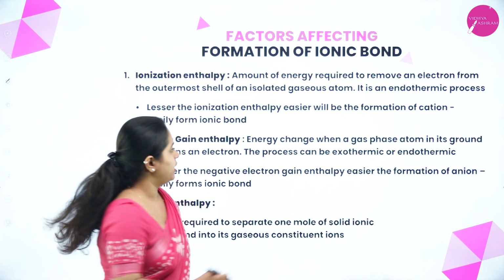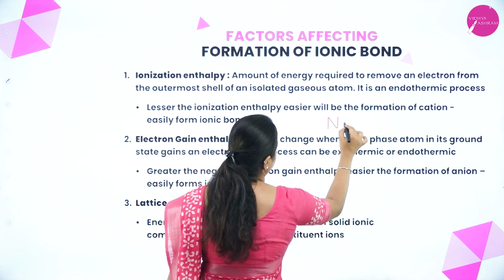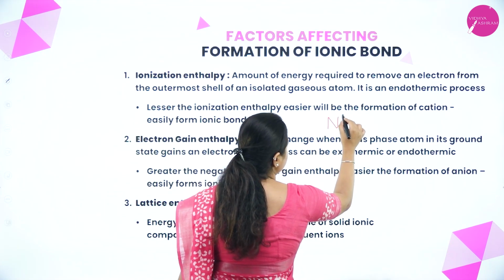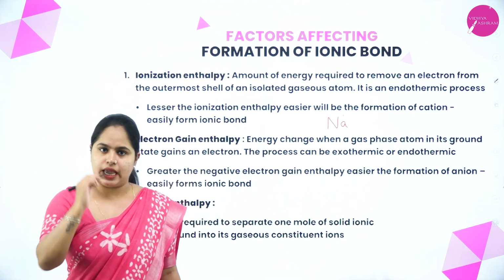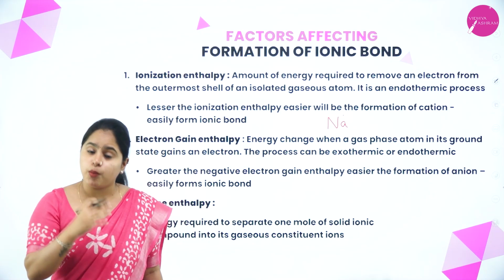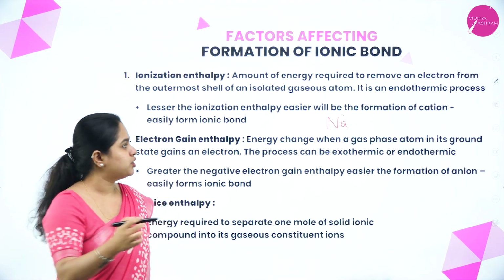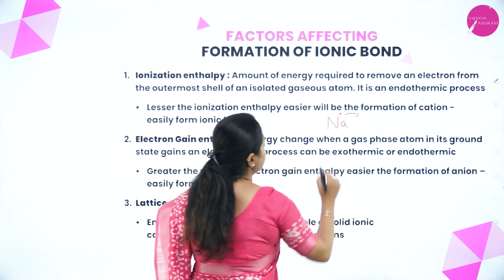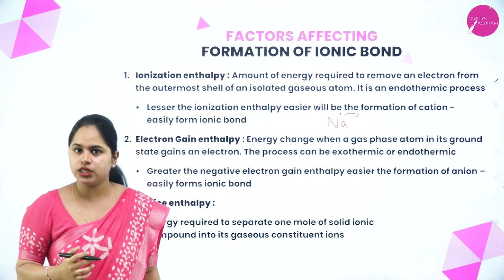Let us consider sodium itself. There is one electron in its outermost shell. So how do we represent it? Na and one dot, according to the Lewis dot structure. So the amount of energy which is required to remove this particular electron from its outermost shell is called the ionization enthalpy.